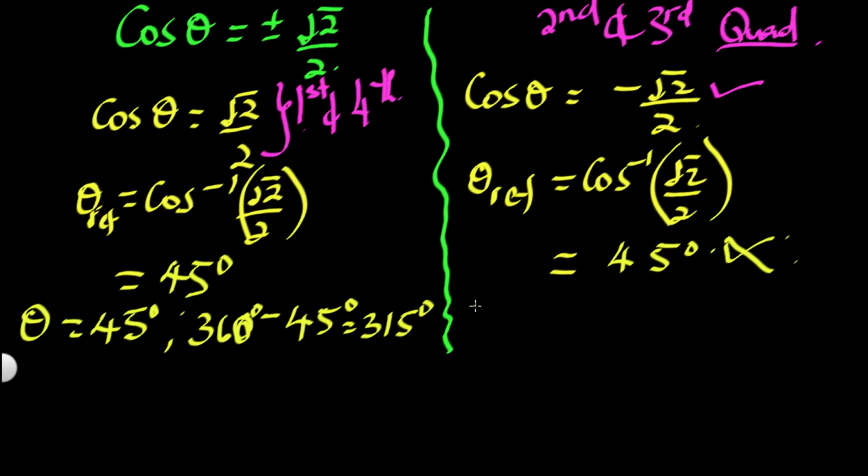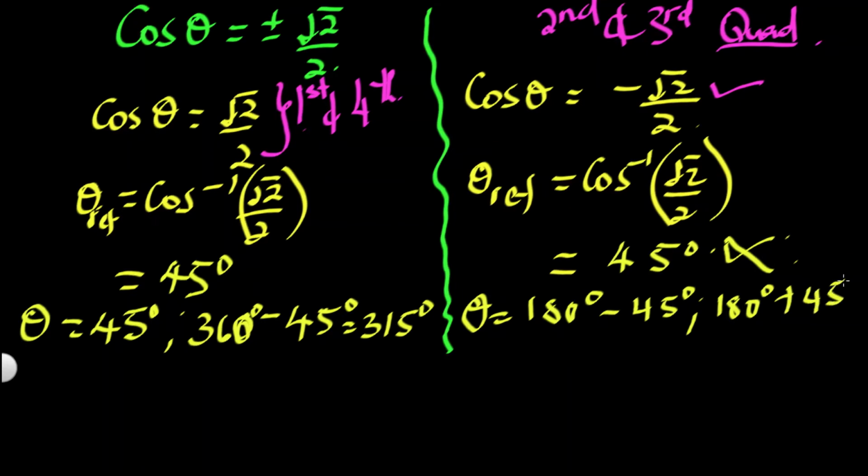In the second quadrant, we're going to get a theta which is 180 degrees minus 45 degrees. And in the third quadrant, we have another theta, which is 180 degrees plus 45 degrees.